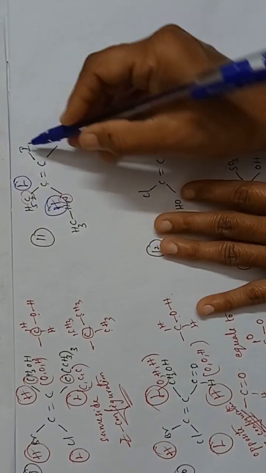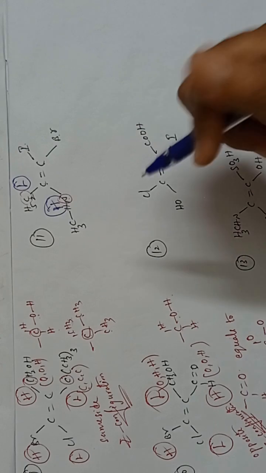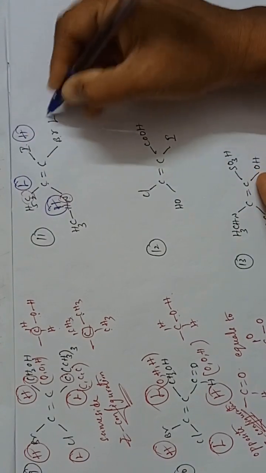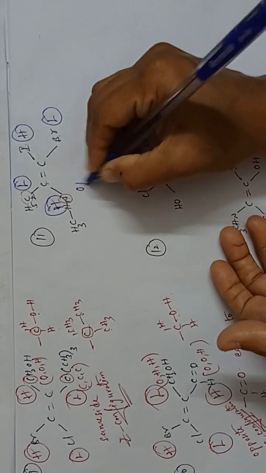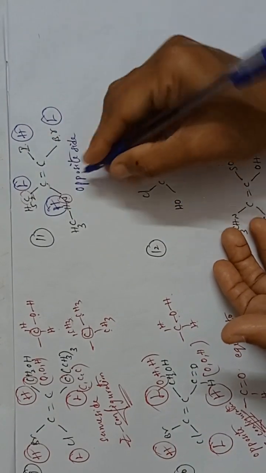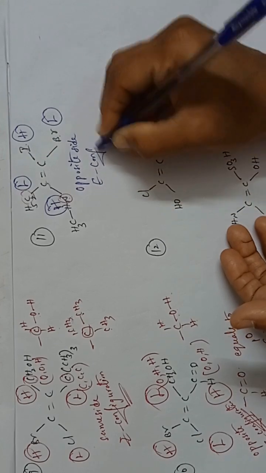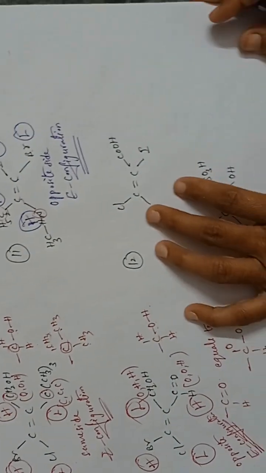Now see here, this is attached to iodine, bromine. Which has more atomic number? Iodine. Higher, this is lower. Clear? Now where are the higher ones? Opposite sides. Opposite sides with respect to the doubly bonded carbon atoms means E configuration. Clear? E configuration.